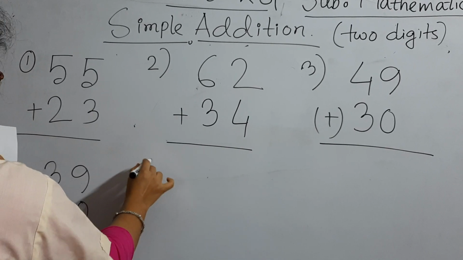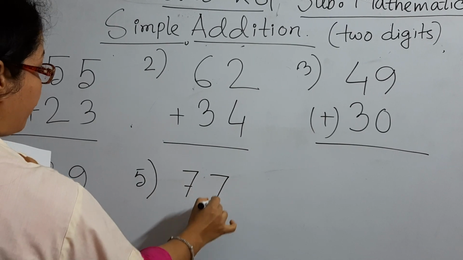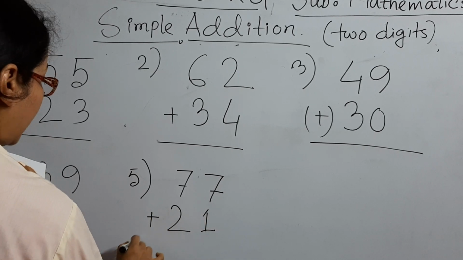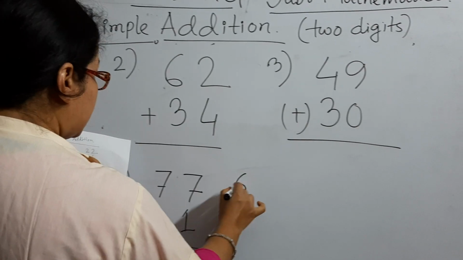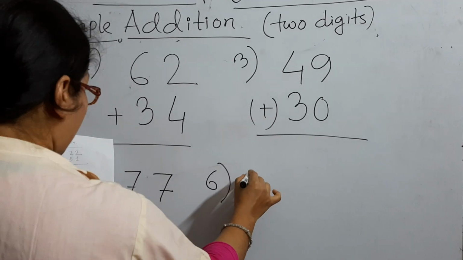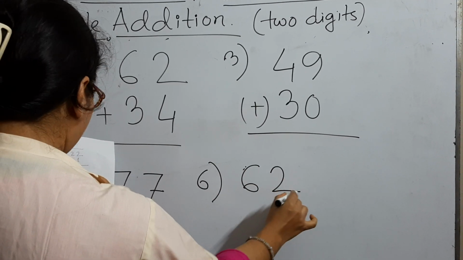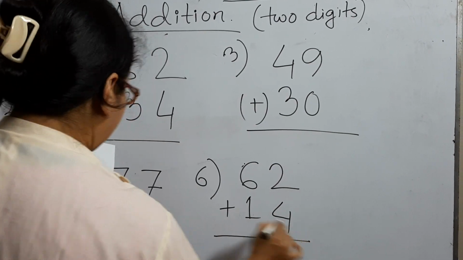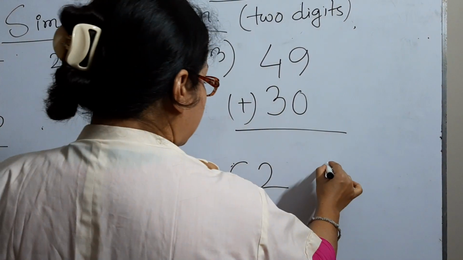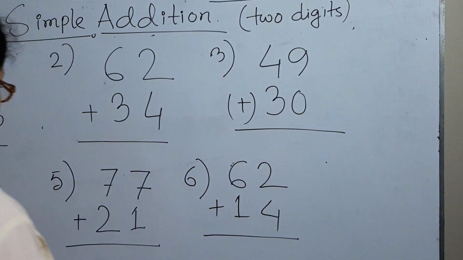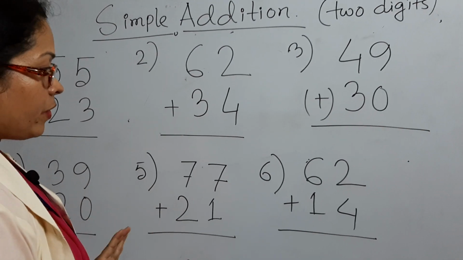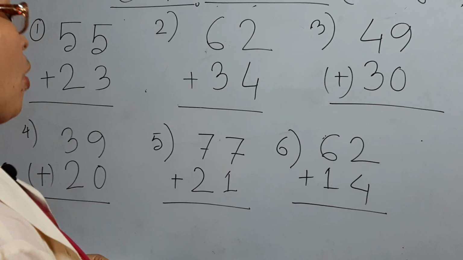Number 5: 77 plus 21. Number 6: 62 plus 14. Up to 6. Today I have given you only 6 maths problems to do as homework.